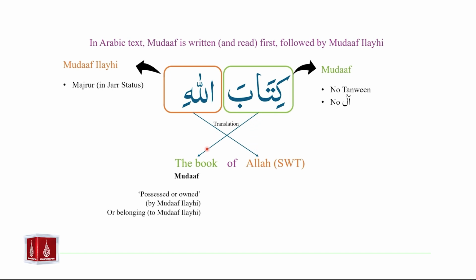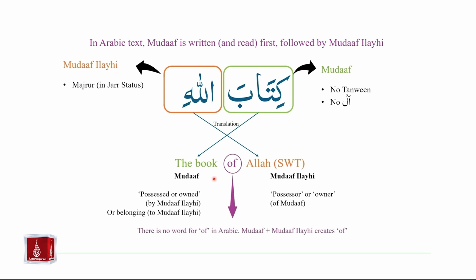Kitaba is the mudaf. It is possessed or owned. It is possessed or owned by mudaf ilay. Or ism kitaba belongs to mudaf ilay. Mudaf ilay is the possessor or owner of the mudaf.